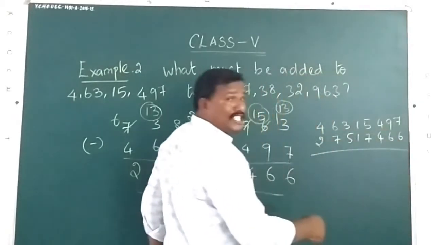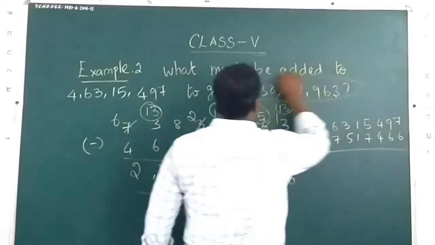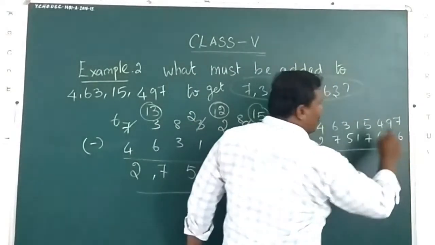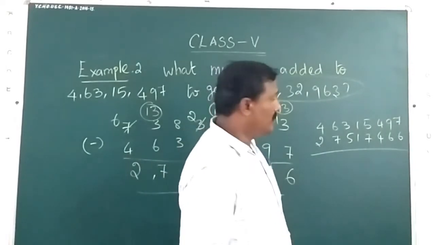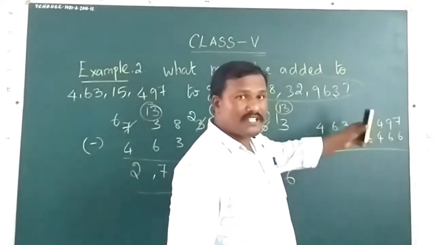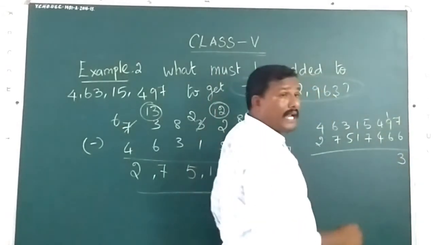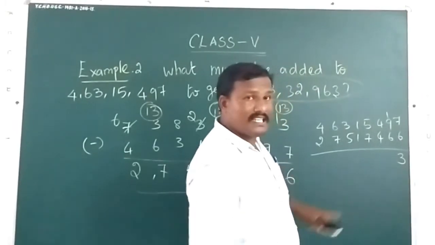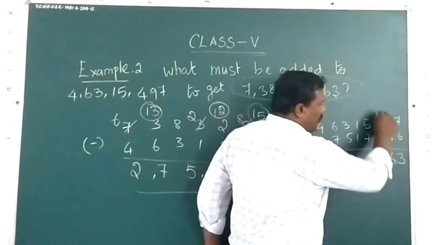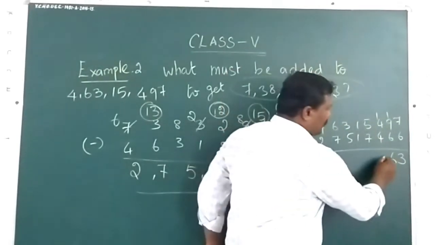If you add these two numbers, we can get this total. 7 plus 6, 13. 6 plus 6, 12, 12 plus 1, 13. So 13, 3, remainder 1. 9 plus 1, 10, 10 plus 6, 16. Remainder 1. 4 plus 4, 8, plus 1, 9.